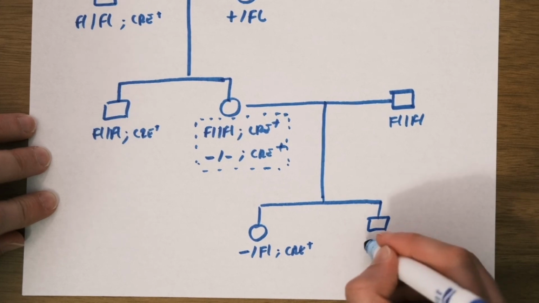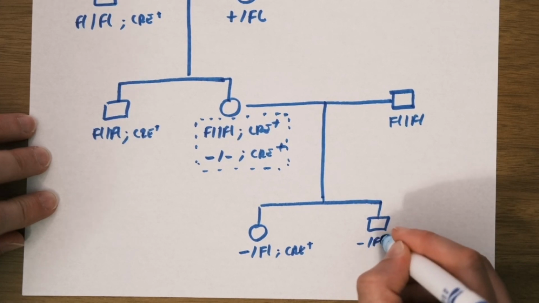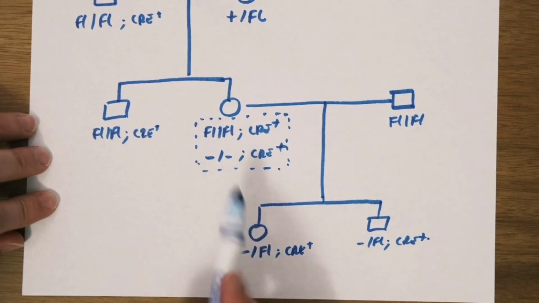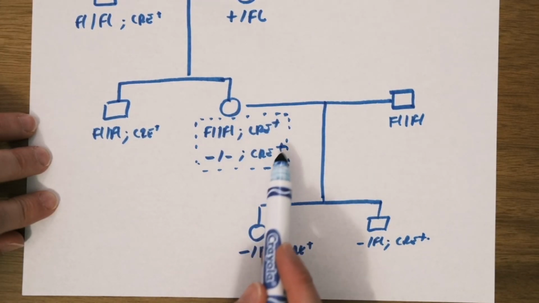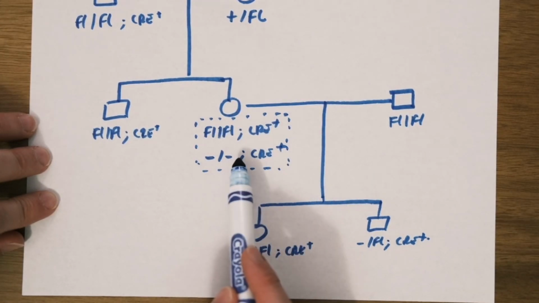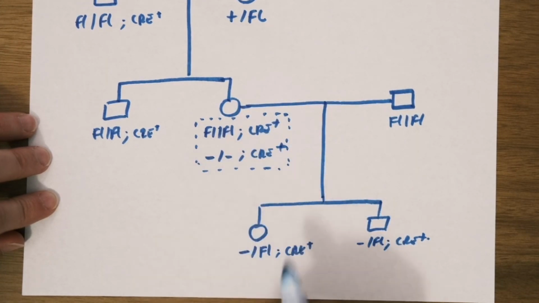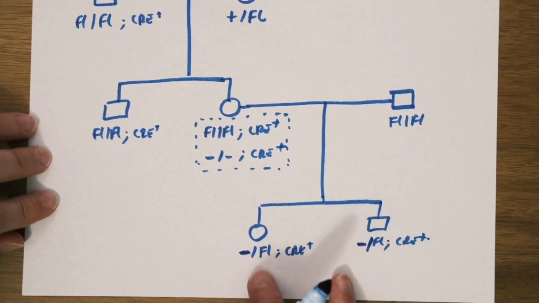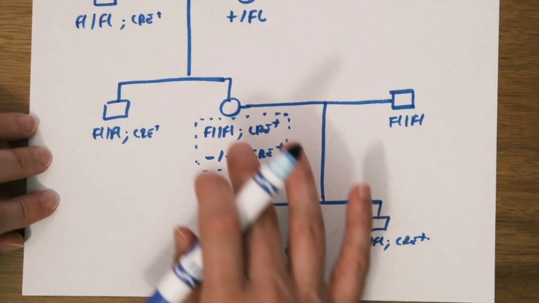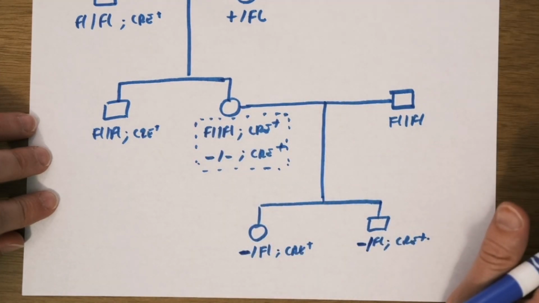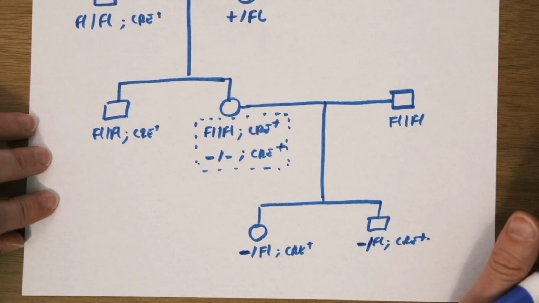And for the male, we have the null, the Flox also, and the Cre positive. So note that when we use the Cre that is expressed in the female germline, whenever we cross a female that is Flox-Flox, the progeny will receive this allele converted into the null allele. So we cannot use this female for expanding the colony, so it can only be used to ask the question whether the female is sterile or not.